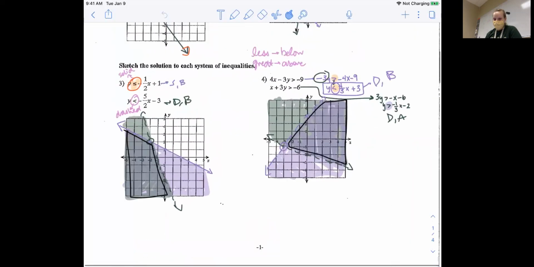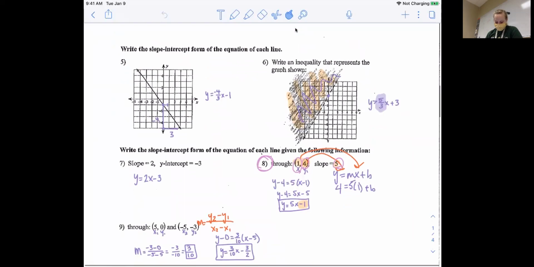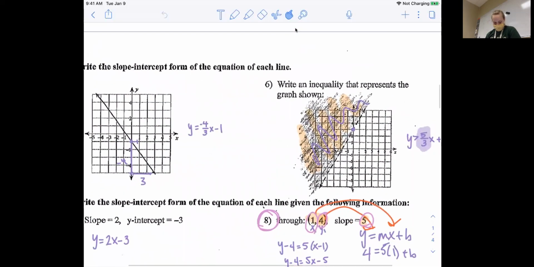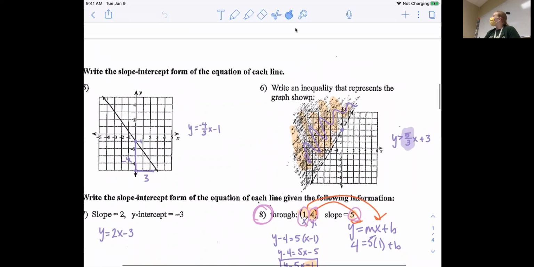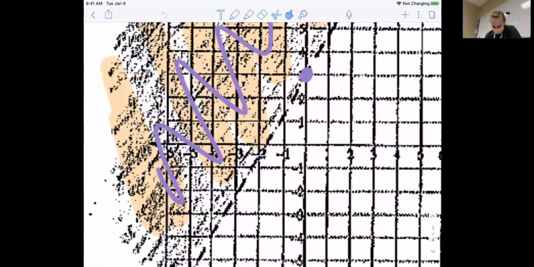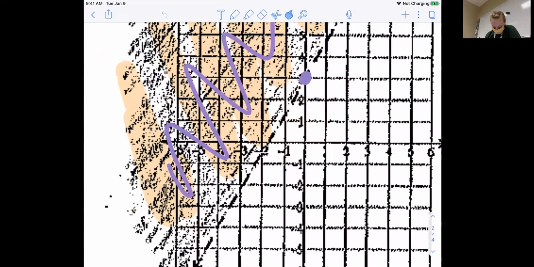All right, next page, 5 and 6. This one, there really was no work. Read the graph, see what happens. That's what I thought. I thought the only other place it touched was here.